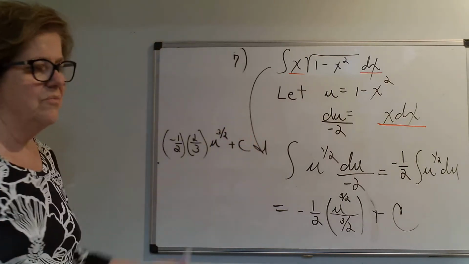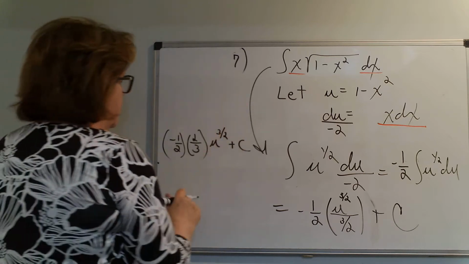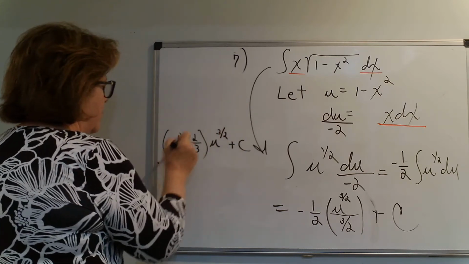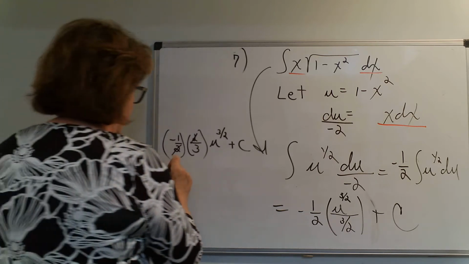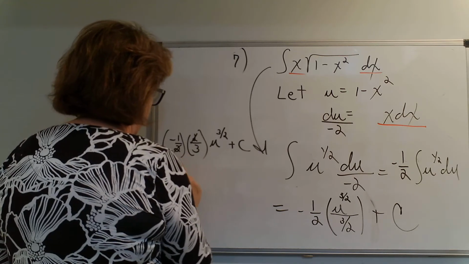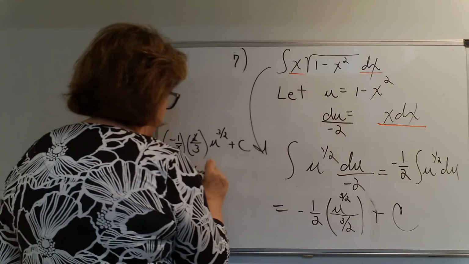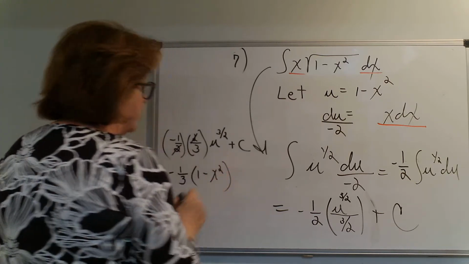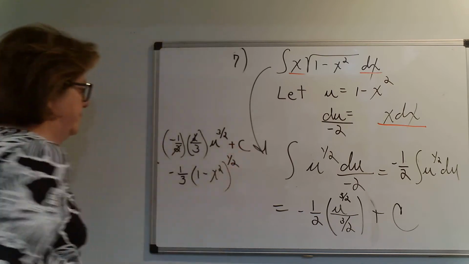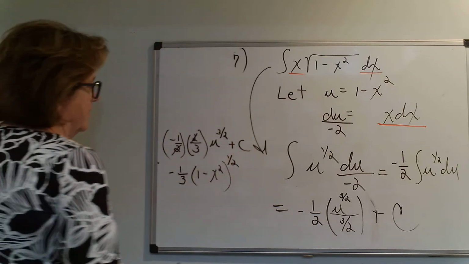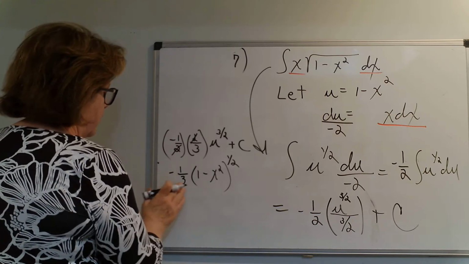But we can't leave it like that. We have to put in the original u. And also the 2's can cancel, right? So we'd have negative 1/3 times u, which is 1 minus x squared, right, to the 3/2.